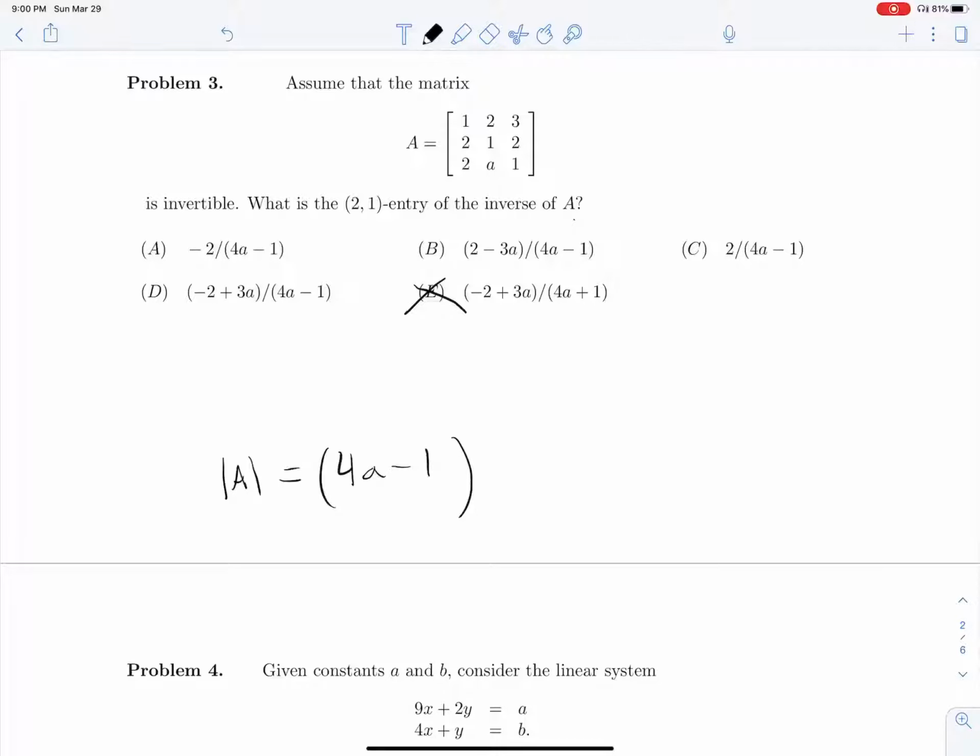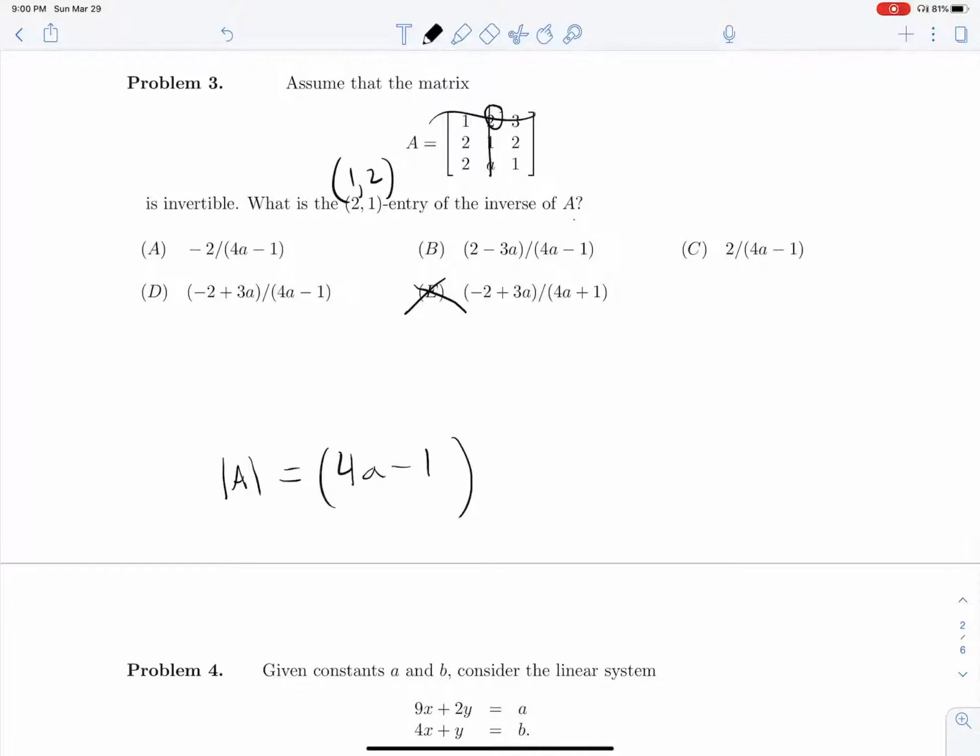And since that ends up happening after we find the cofactors for all the positions, we know that instead of finding the cofactor for this position, which will give you -2 plus 3A, which will lead you to answer choice D, you want to find the cofactor for the transpose of that position, the 1, 2 entry instead of the 2, 1 entry.